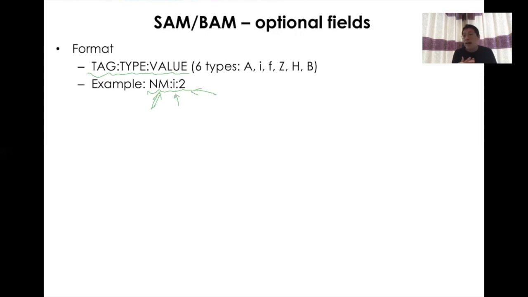NM represents edit distance, which means how many bases your sequence differs from the reference genome. In this case, NM:i:2 means this particular read is aligned to this position on the genome, but there are two bases that are different. That is what that means.